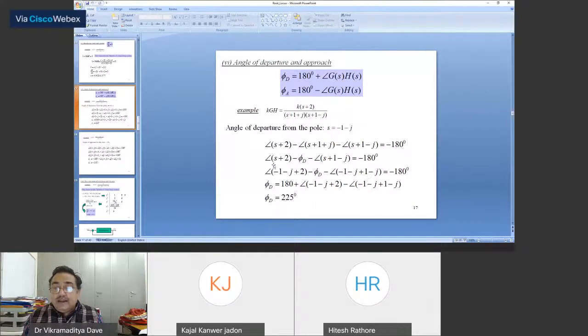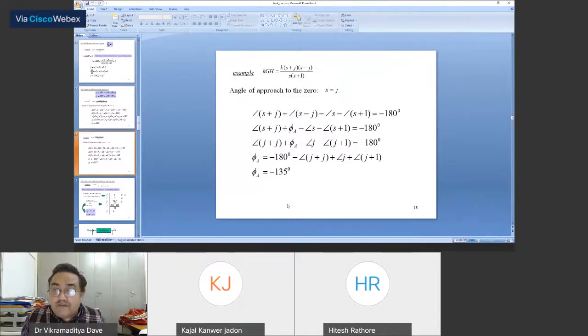Angle of s plus 2 you can find out, but you have to find the angle of departure, so you will call it phi d and then find the angles of the other terms. You will find it comes out to be 225 degree. So angle of departure is 180 degree plus angle of G(s)H(s), and in this case it comes out to be 225 degree.